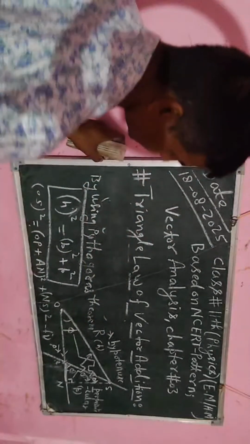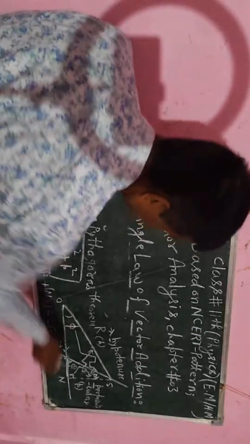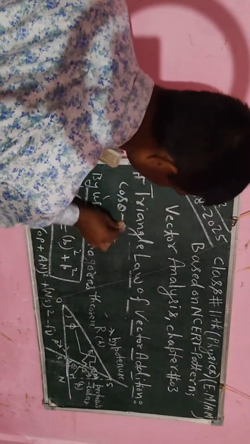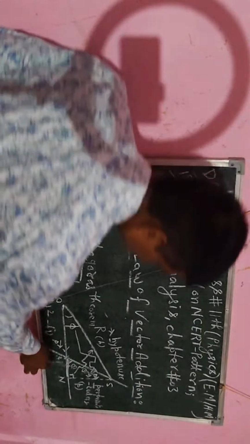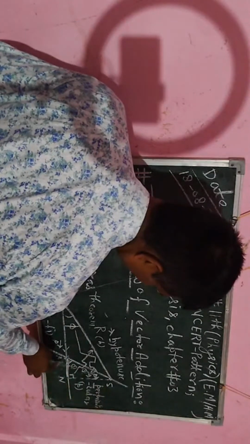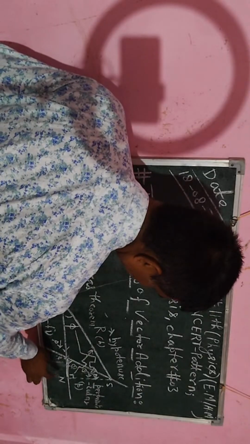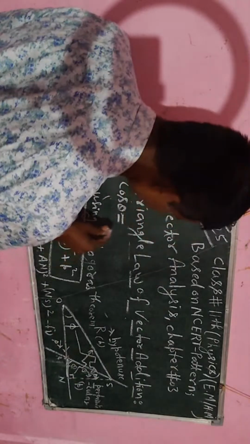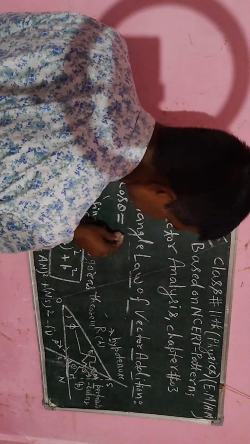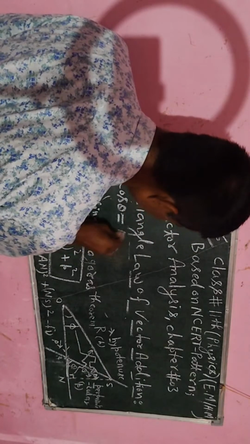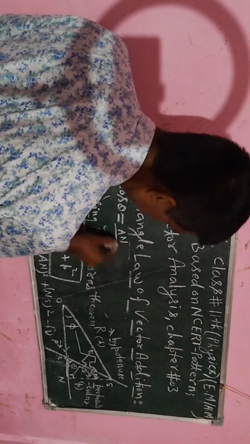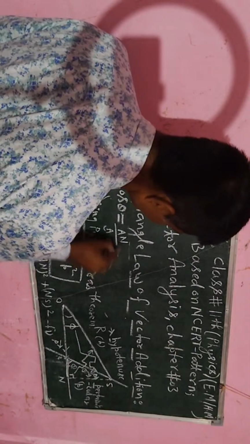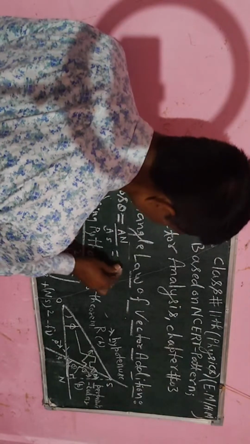write the information. Here I can write cos theta, which is equal to, in the triangle ANS, cos theta is equal to base divided by hypotenuse. So base will be AN divided by hypotenuse AS. So we have to get the value of AN.